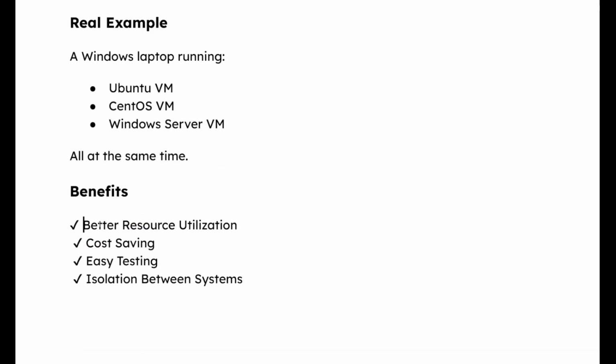The benefit is that it provides better resource utilization, cost saving, easy testing, and isolation between the systems. Ubuntu, CentOS, and Windows Server are all running at the same time, but all are isolated from each other. It means no one is interrupting the work or getting insight into the work done by the other machine. All the systems are isolated.